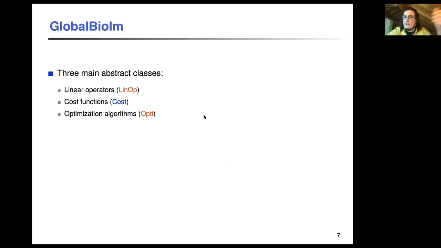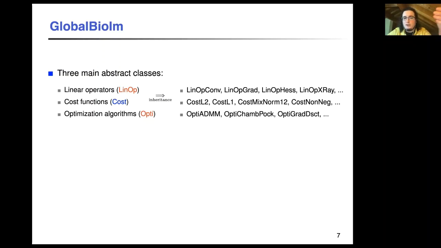So by inheritance, we've defined several linear operators like convolution, gradient, Hessian, X-ray transform, different cost functions like L2 cost, L1 cost, the mixed norm to create group sparsity effects, non-negative constraint. Then you have several optimization algorithms like ADMM, Chambolle-Pock, gradient descent, or other primal dual splitting methods.